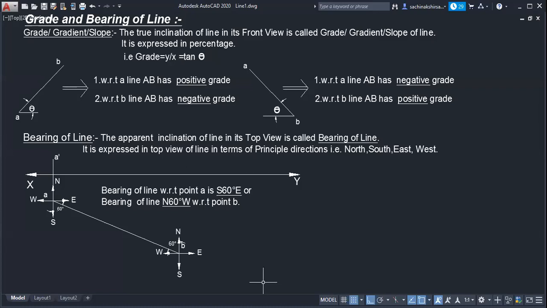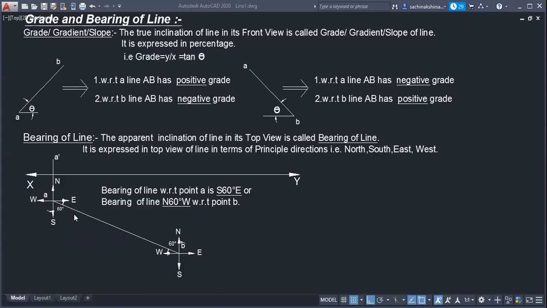Because while marking beta in top view, we are taking it with the horizontal line or xy line, but bearing is giving the angle with the vertical line. That's why it is called indirect beta. If we know the inclination of a line with the vertical line, is it possible to calculate its inclination with the horizontal line?